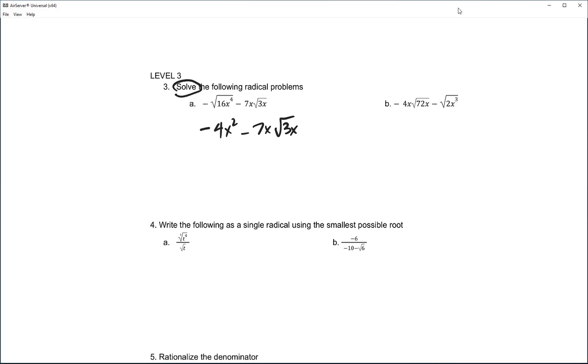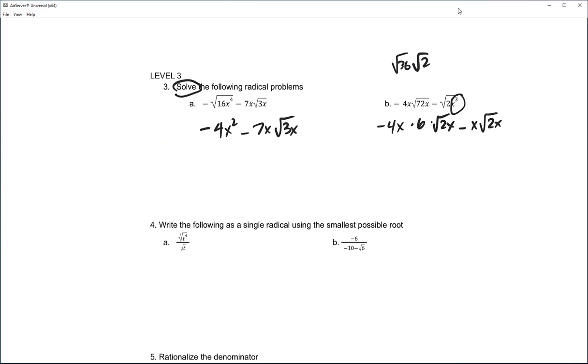This one is negative 4x radical 72. I think 36 goes into that, right? Times 2. So times 6 times radical 2x, minus, you can take out an x here, leaving radical 2x here.